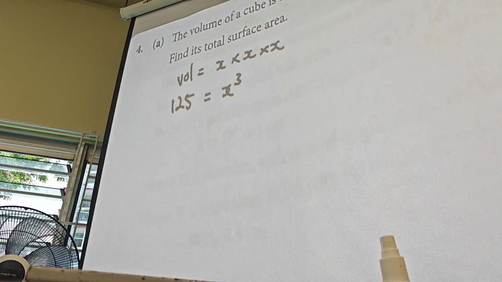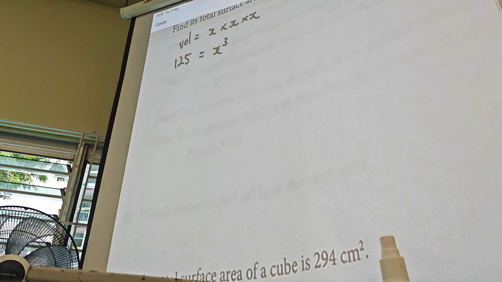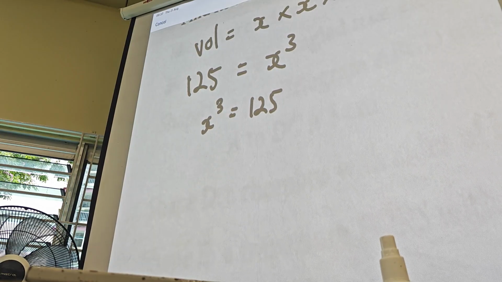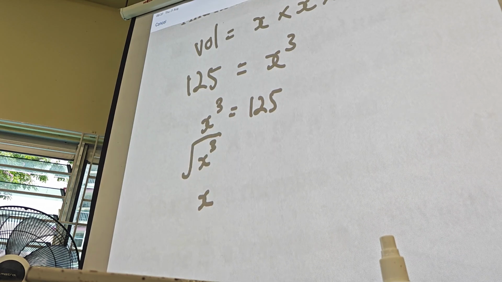So if I change their left and right first, because I like to have my unknown on the left, x cubed is equal to 125. I want to solve for x, then I will know what the side is. So I want to go from x cubed to x. How to go from x cubed to x? I need to cube root my x cubed.